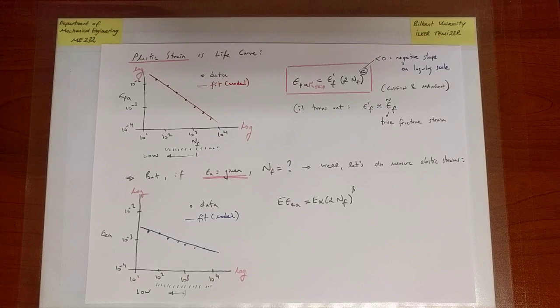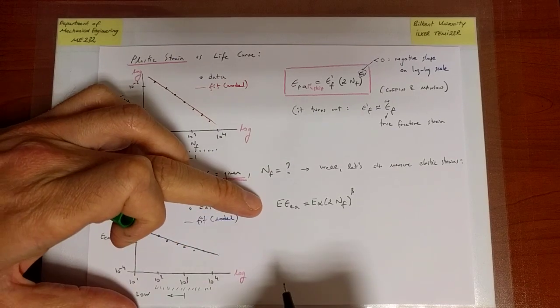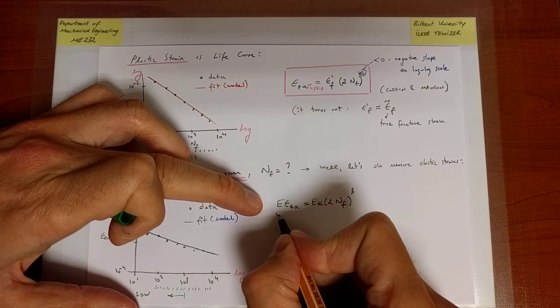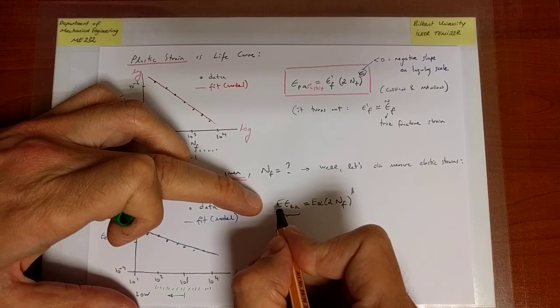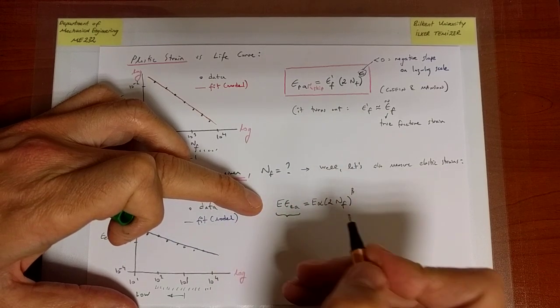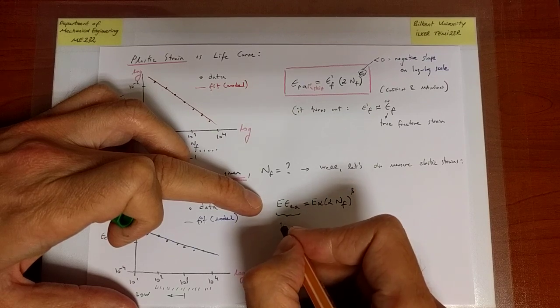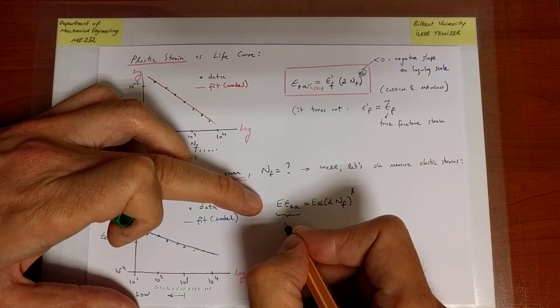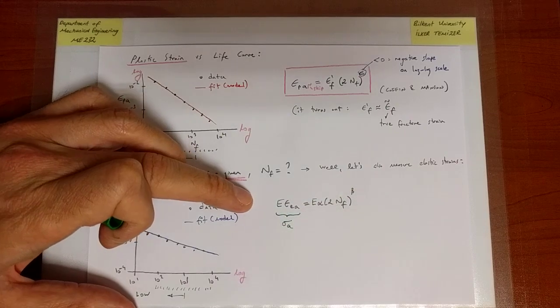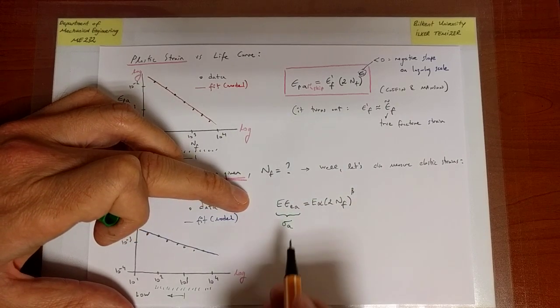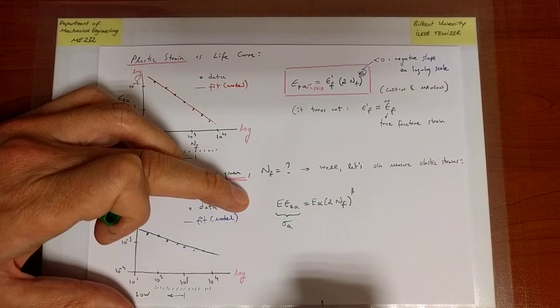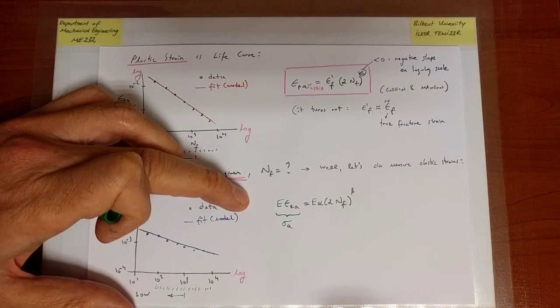When I do that, on the left I observe the Young's modulus times the elastic strain amplitude, and from the stable cyclic stress-strain curve, I know that this is simply the stress amplitude. The mean stress is 0, sigma A is Young's modulus times the elastic strain amplitude.